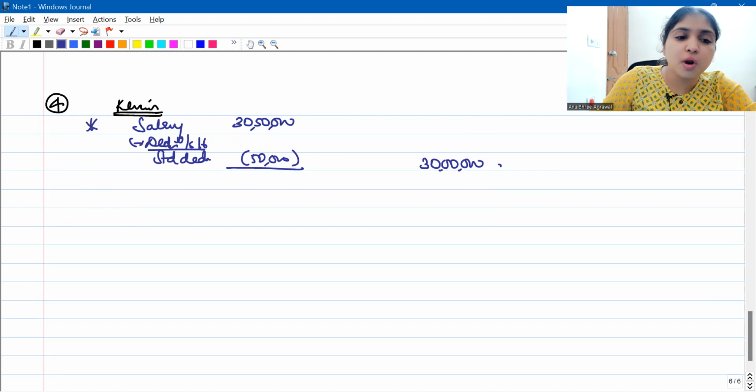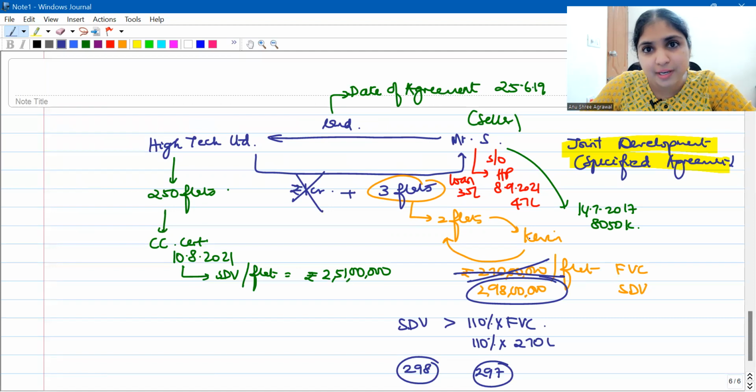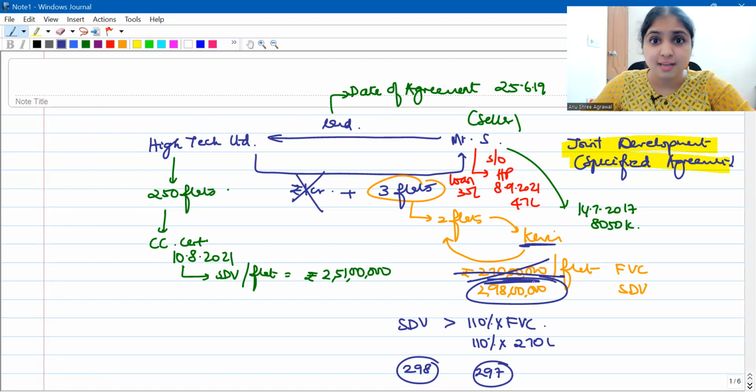Okay. Then what are his other incomes? See, Mr. Kevin is buying two flats from Mr. Sakshar. He is paying 2 crore 70 lakhs only, whereas each flat is worth 2 crore 98 lakhs. Does any concept come to your mind? He is acquiring immovable property by paying 2 crore 70 lakhs, whereas their SDV is 2 crore 98 lakhs.